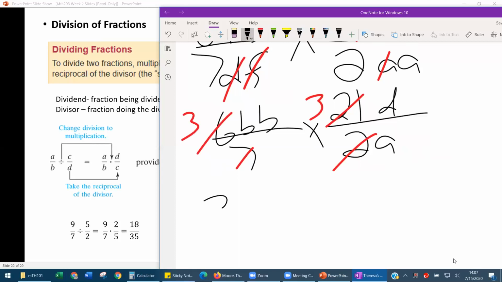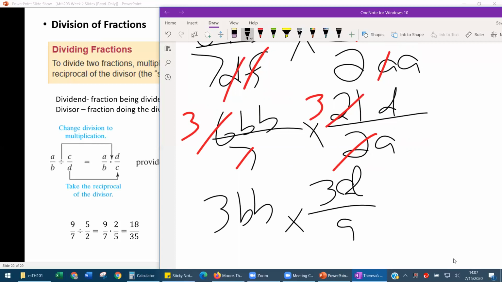So I have 3bb times 3d over a. So that would give me, if I multiply across the top, 9bb, which is 9b squared d over a.